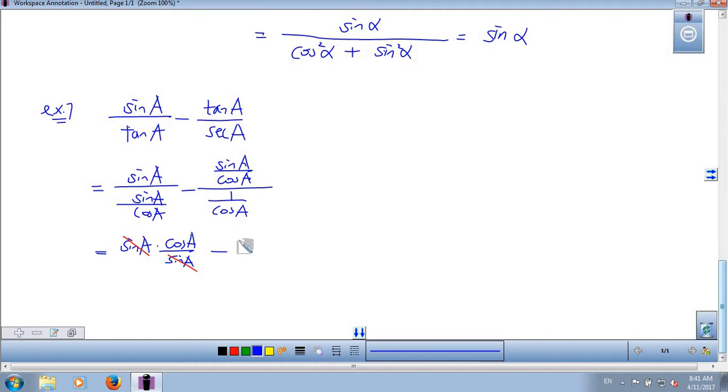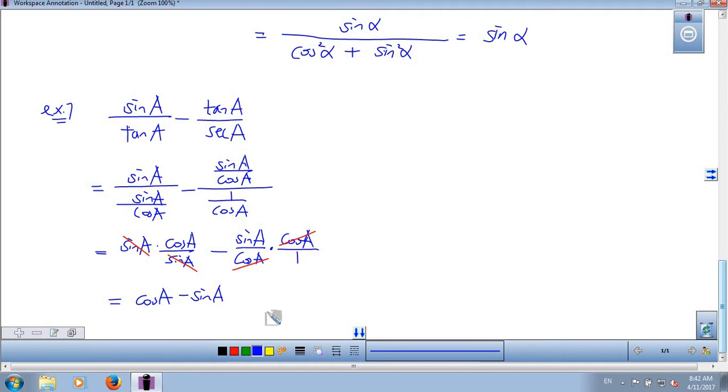And same thing here: sine A over cosine A, we multiply by the reciprocal, which is cosine A over 1. In this case, cosine cancels out. So finally, the expression is simply cosine A minus sine A. Now, I'm sure there are other ways to simplify this, but right now I think that would be a good stop. We don't have to keep going.